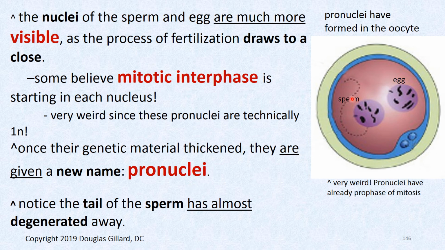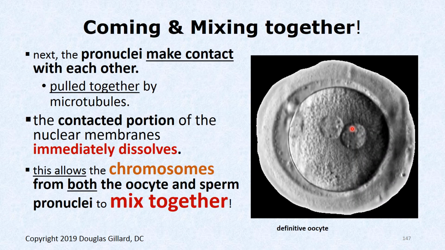That sperm tail is just about degenerated away. You can barely see it. And coming together, here's a beautiful shot, right, of a definitive mature oocyte, which is weird, because there are those 2 nuclei. But it's not going to be like this for long. This membrane is going to dissolve. This is the male, this is the female.